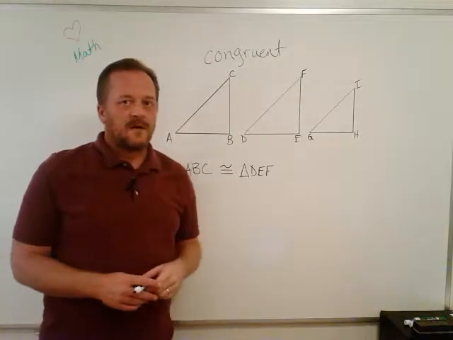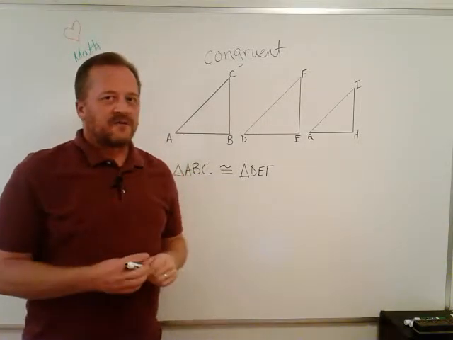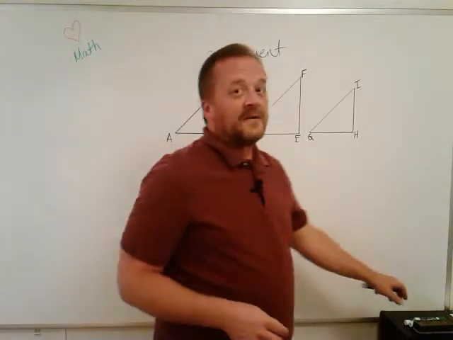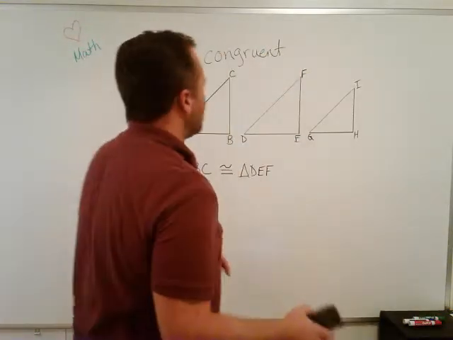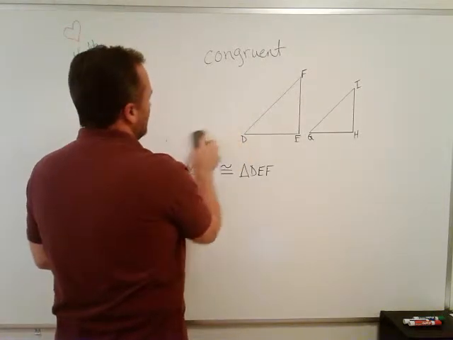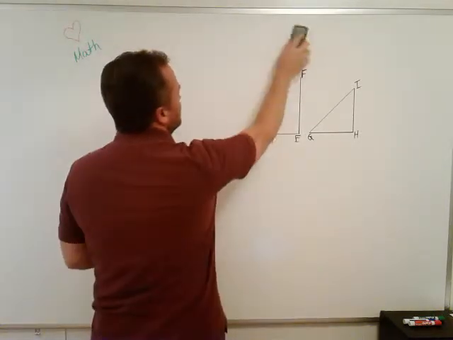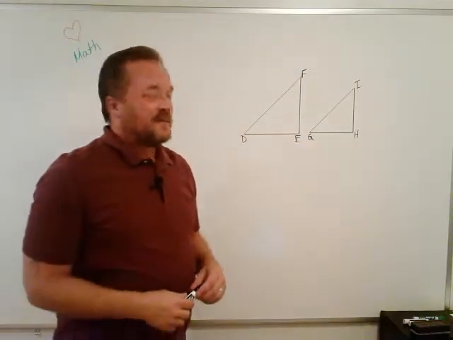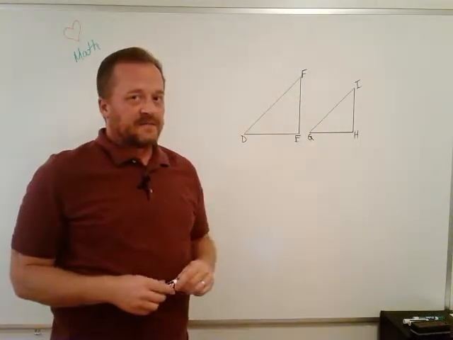Okay? Now I'm not going to spend too much time on congruent because I just wanted to get that out of the way. I'm going to delete ABC, mostly just so we can focus on these two triangles here. Now these don't have the same side lengths, okay?